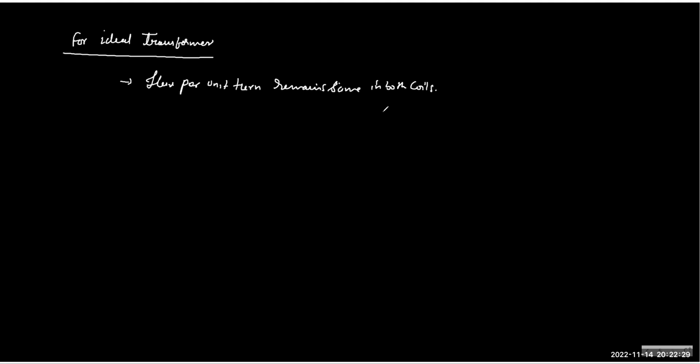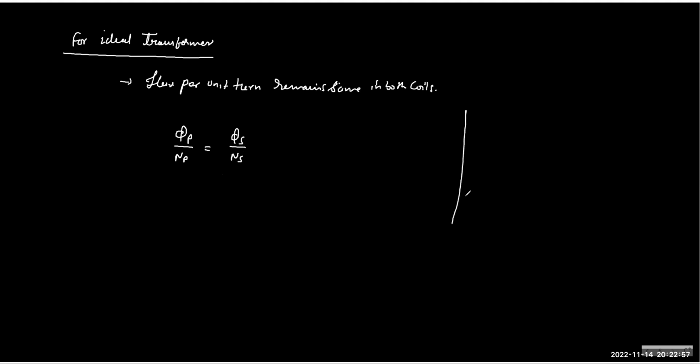So flux definitely depends on how many turns you wrap around the iron core. But the flux count for one turn will be the same for both, because we are assuming there is no loss of flux, there is no flux leakage. So we say that the total flux in the primary per unit turn is the same for both.